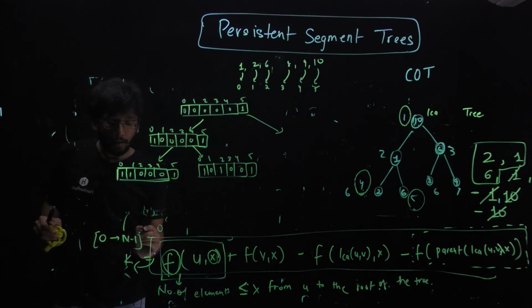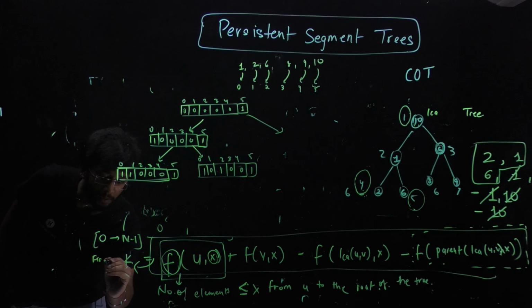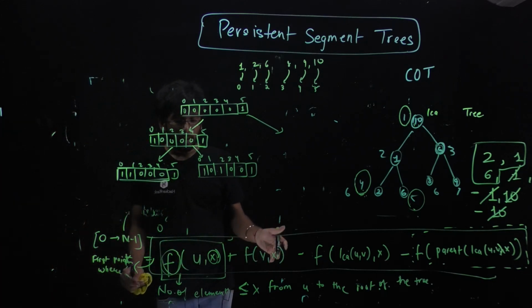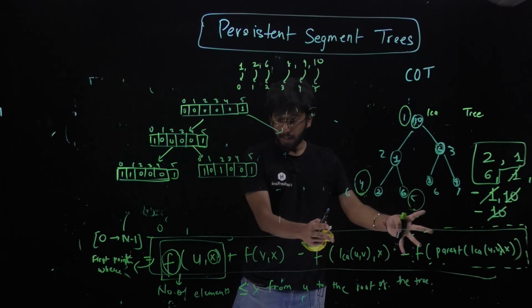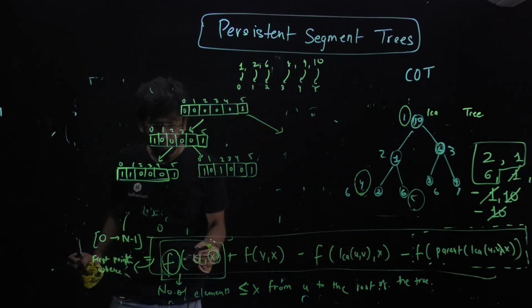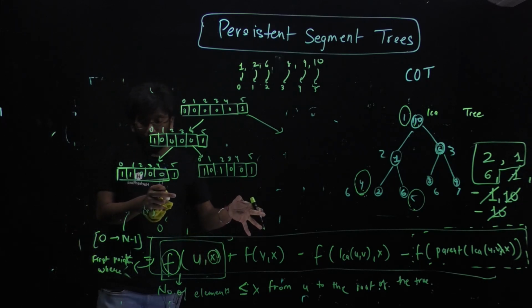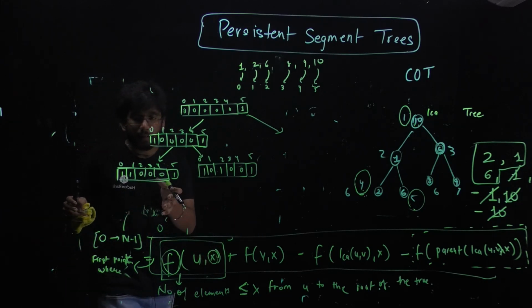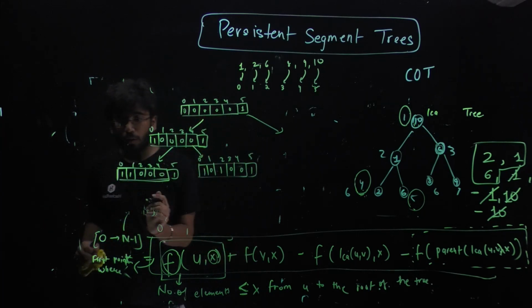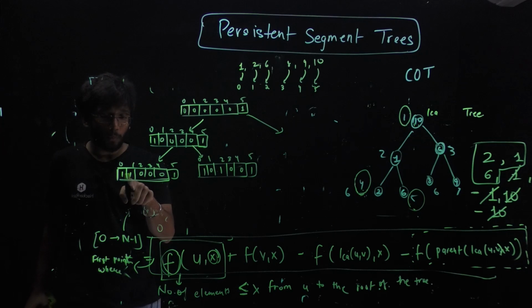So I need to find the first point where this prefix sum, which is considering all the elements less than or equal to x, gives me the count. It's a prefix sum, considering I'm marking the frequencies over here for each of them.